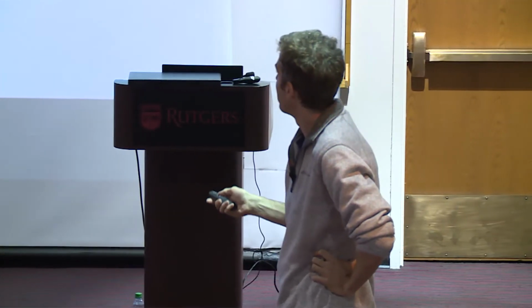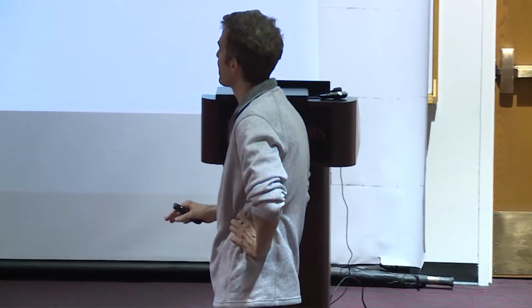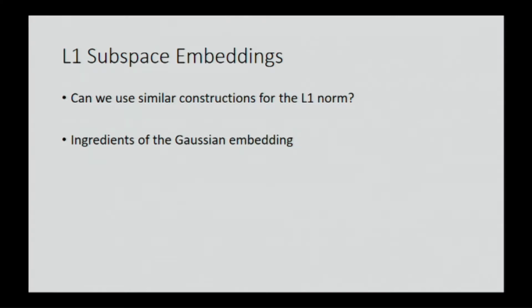Okay. So this talk is mostly about other norms, in particular the L1 norm. So what can we do for L1? Can we use similar constructions? So what were the ingredients for L2 for this Gaussian embedding? Well, we had the Johnson-Lindenstrauss lemma, preserve the norm of a fixed vector.